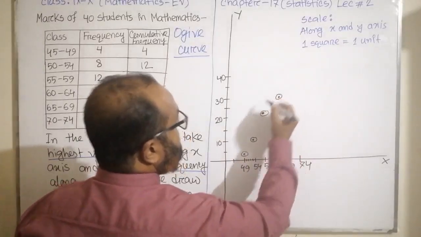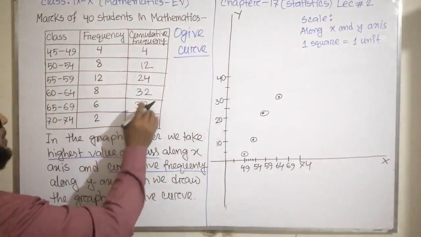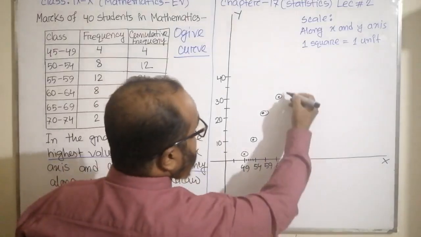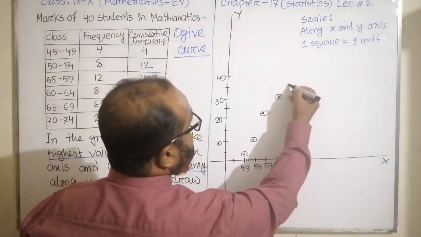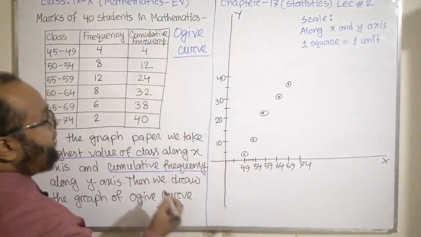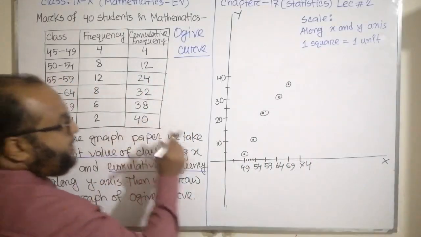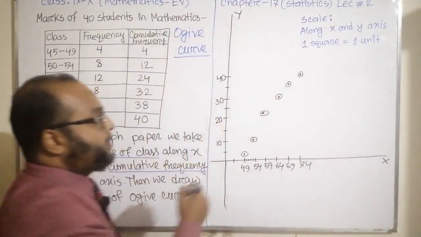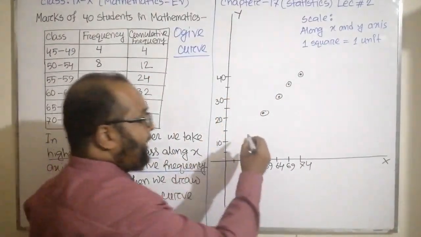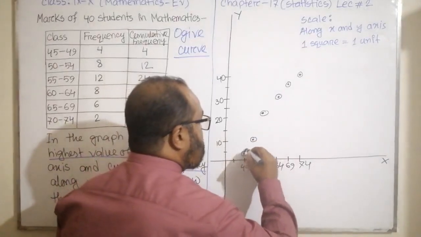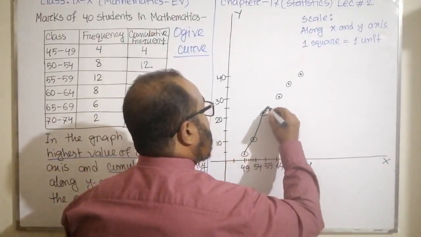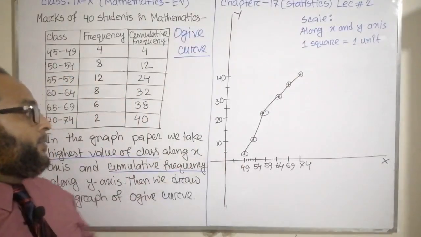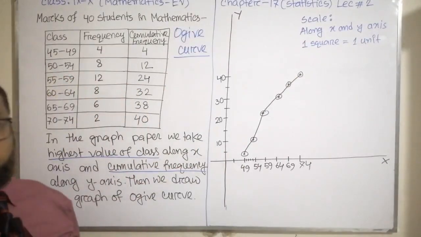Consider this is 32, and then at 69 this is 38, and finally for 74 this is 40. Now we join these points by the freehand method, and this graph starts from 45.